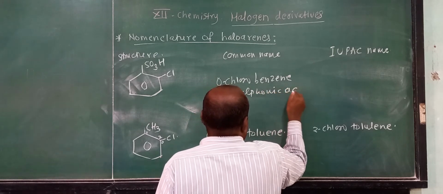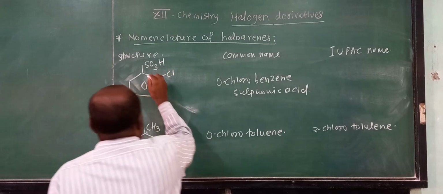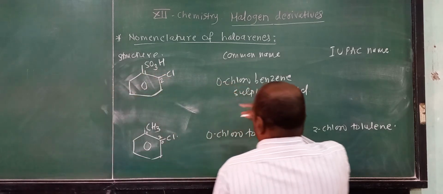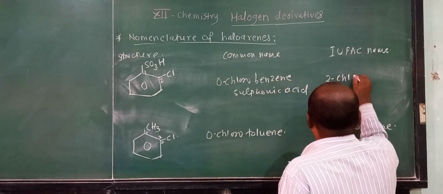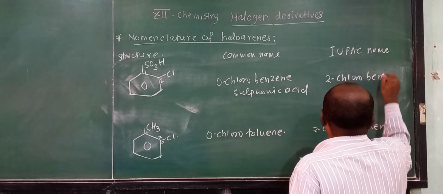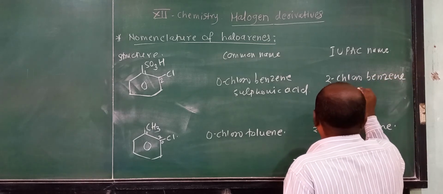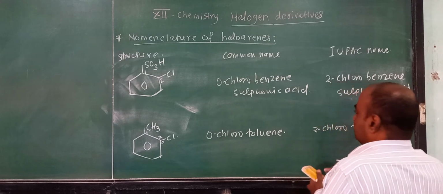The priority order of the SO3H group is more than the chlorine. So this will be carbon number 1, this will be carbon number 2. So the name of this compound is 2-chlorobenzene sulfonic acid.